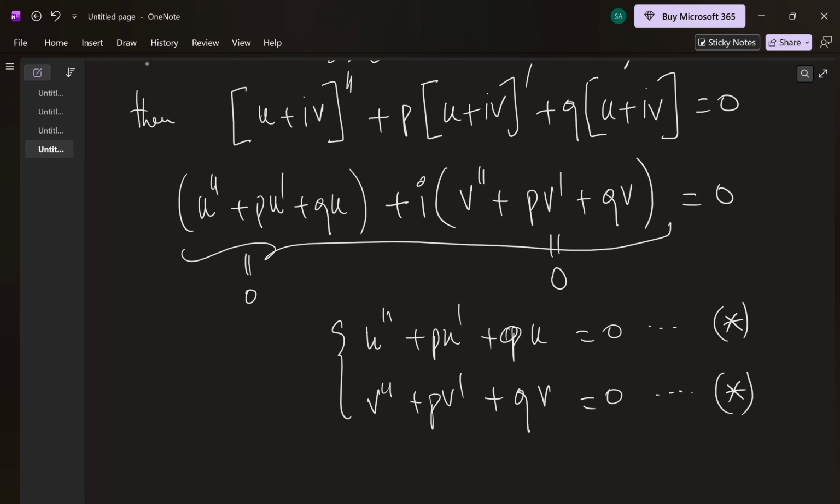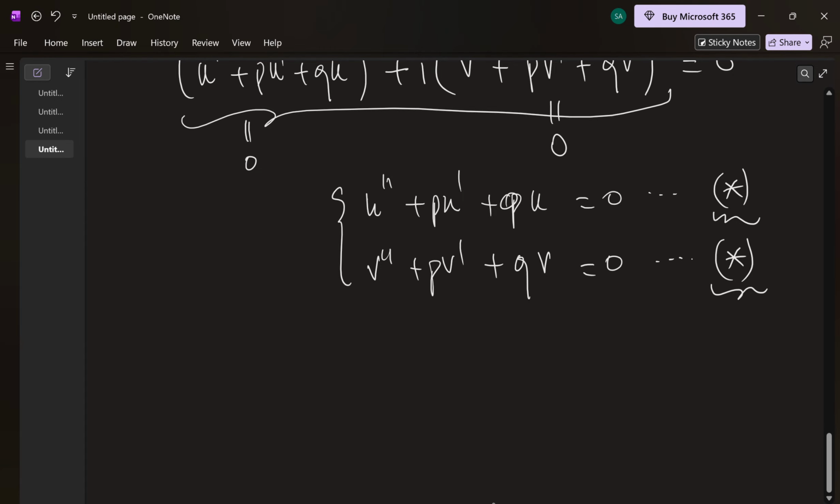The first one is when we substitute y by u, and here we substitute y by v. So these two functions, the real and imaginary part of the complex solutions, should satisfy equation star, which is the second order differential equation with constant coefficients.